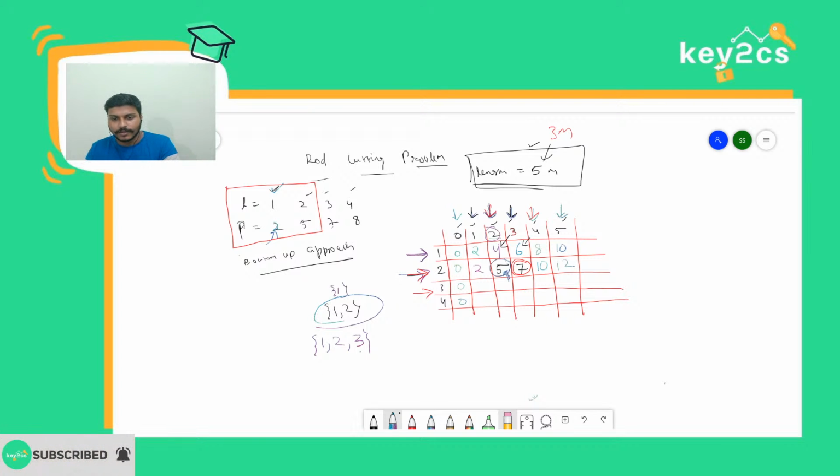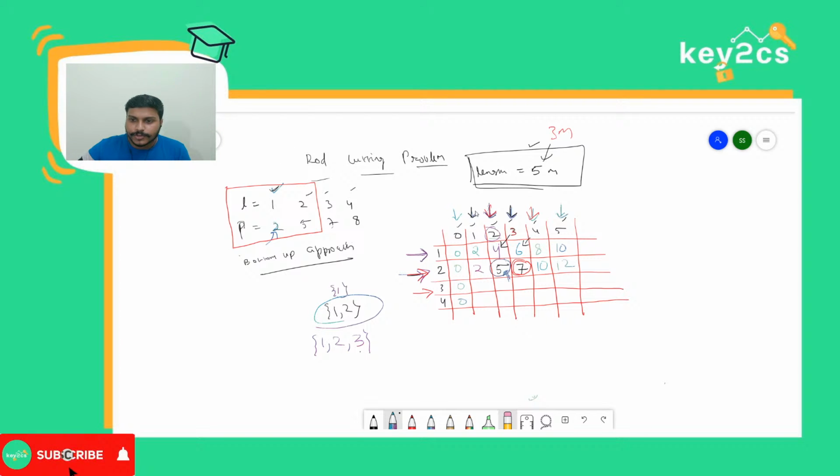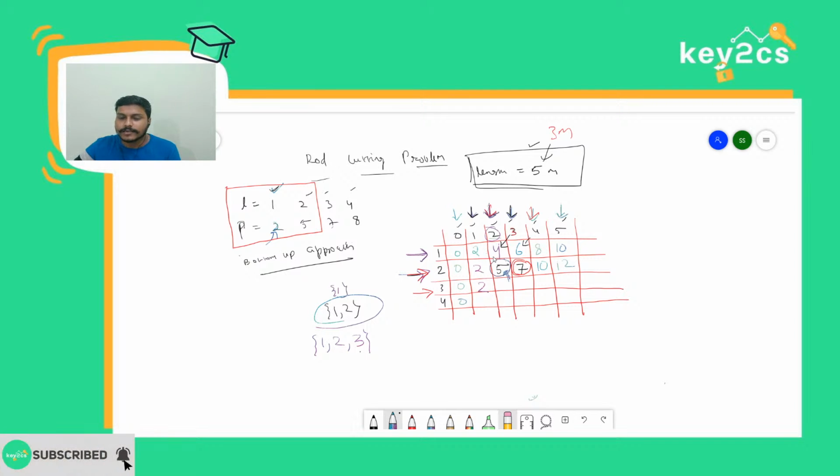Now you require 1 meter in total. Can I take a 3 meter rod? The answer is no, I cannot take 3 meter. So you just copy the previous profit, that is 2. Same thing, now the total length required is 2 meter. I cannot take a 3 meter rod, so just copy the previous value, that is 5.